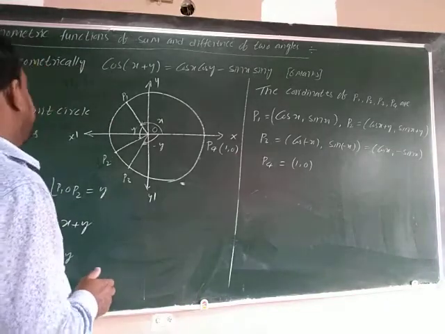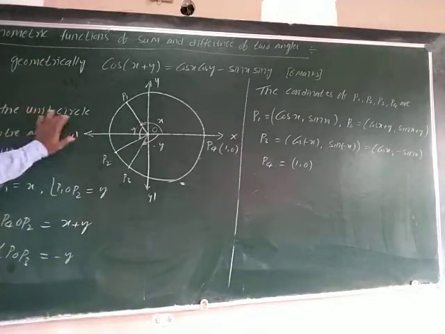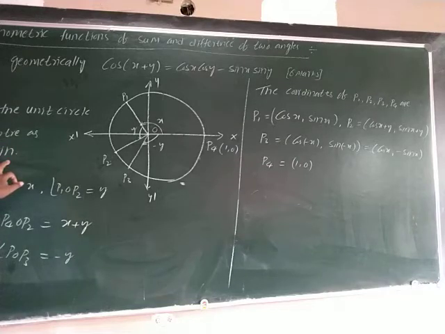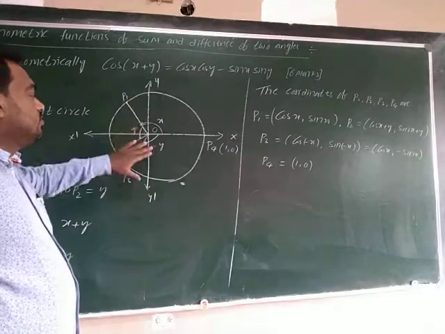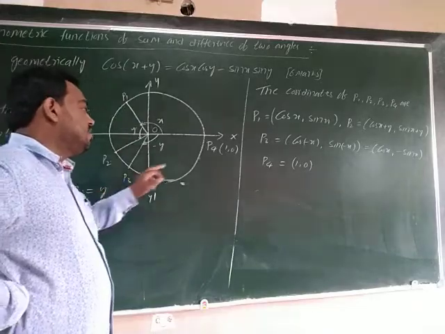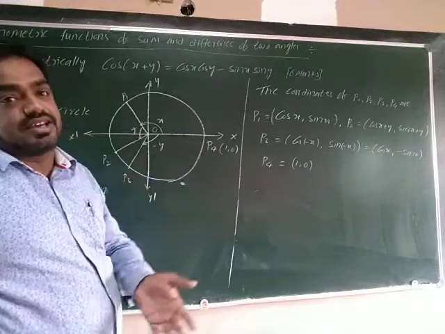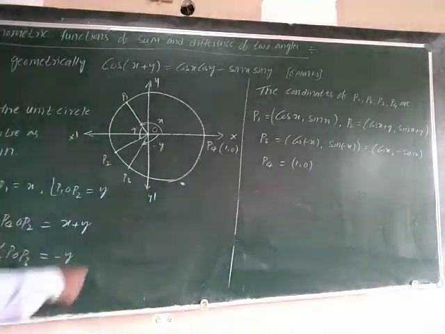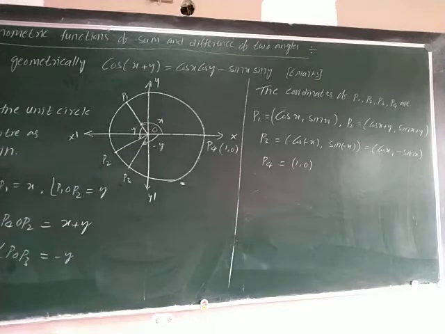You see, once again, draw a unit circle with the center at the origin. Next, P1, P2, P3, P4 are points on the circle.